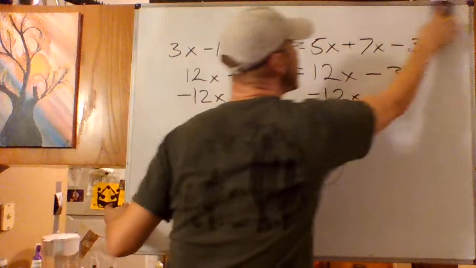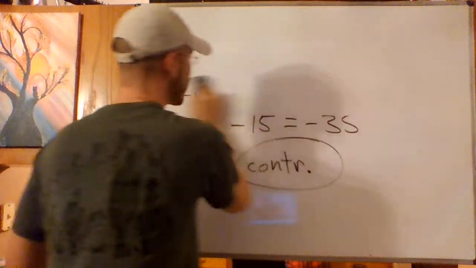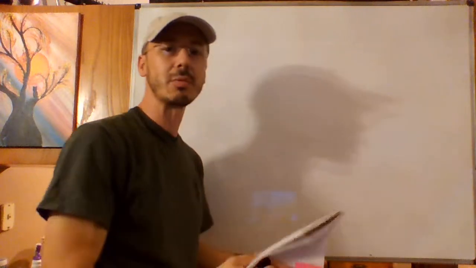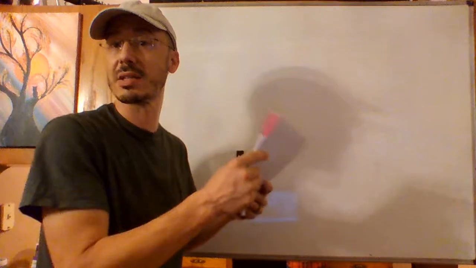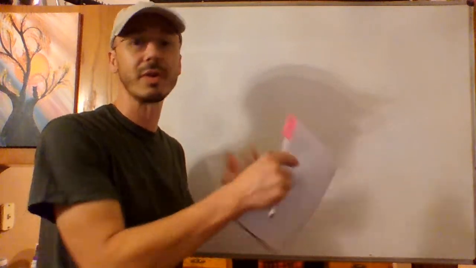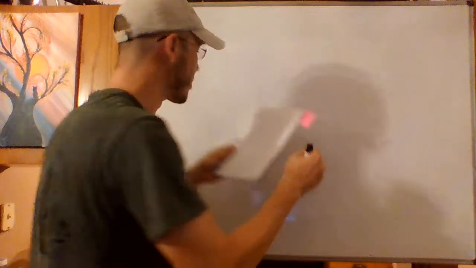Number 7 is another choose the type of equation. And of course, to find out which type it is, we solve it. And if it is a conditional equation, it has a solution, we've already solved it. So you just have to put the number in.